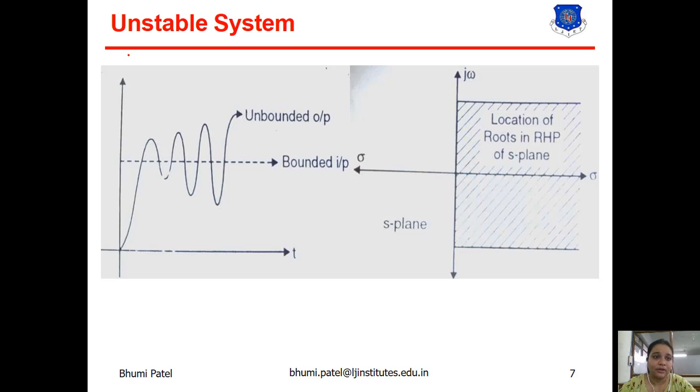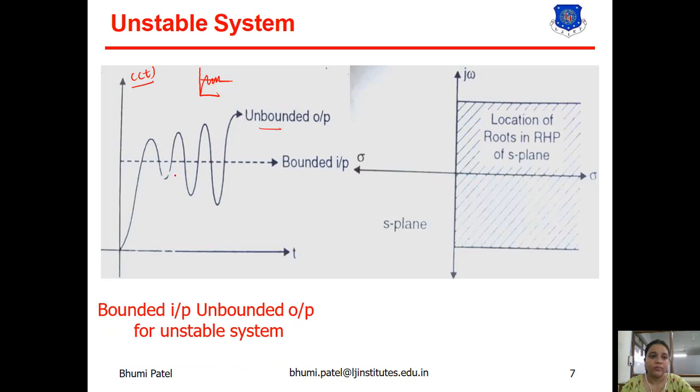Here you can see that with the same bounded input, we get an unbounded output. For a stable system, after some time we get a proper, fixed output. For the unstable system, for a bounded input we get an unbounded output. This type of system is known as an unstable system. In an unstable system, the roots are located in the right half of the s-plane.